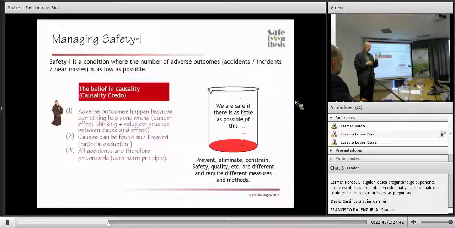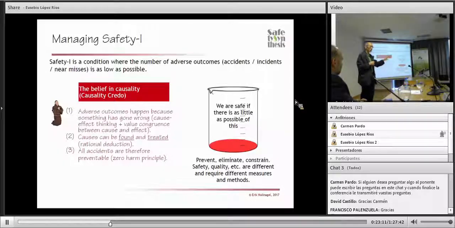There's no symmetry in value between outcome and cause. And we also think that we can reason backwards and find the cause and do something about it and eliminate it. And that's very unreasonable. But the way we manage safety is that if you take this glass, then we say, we are safe if this glass is empty.